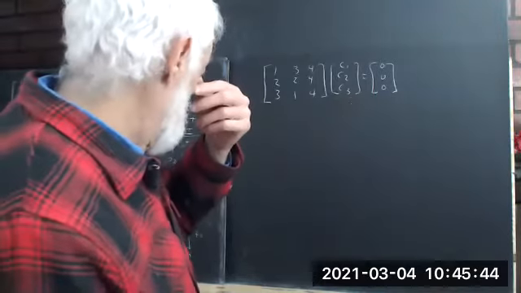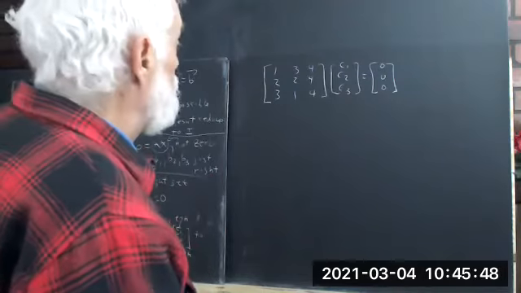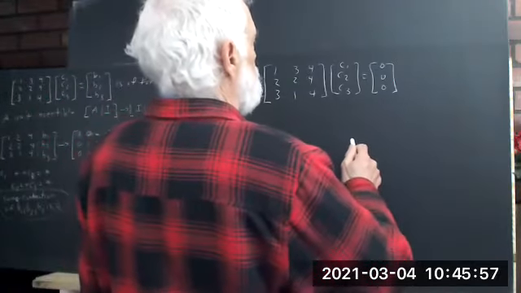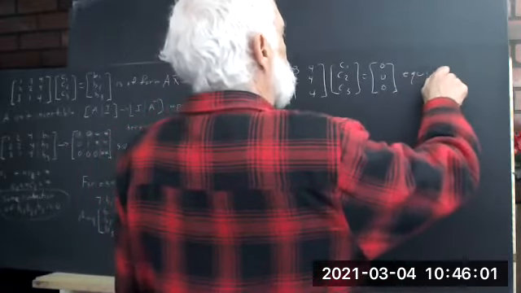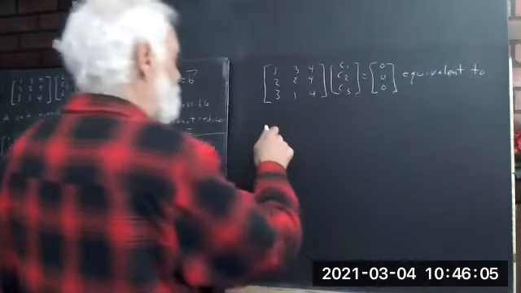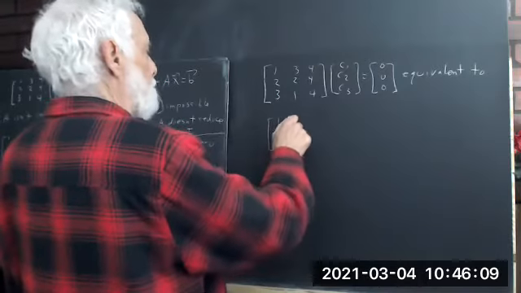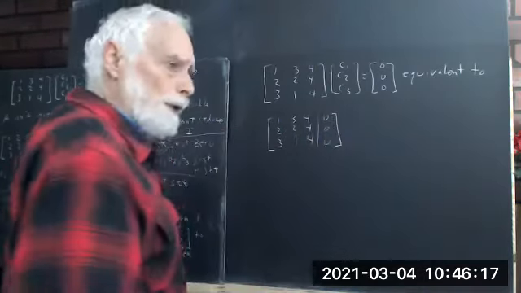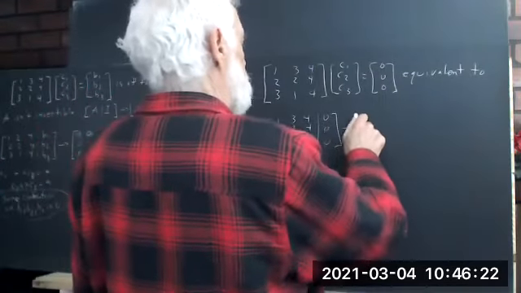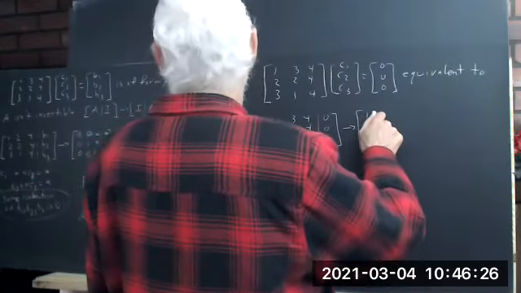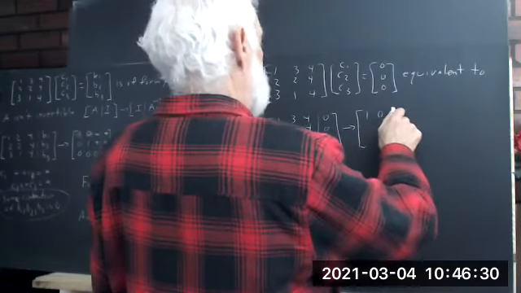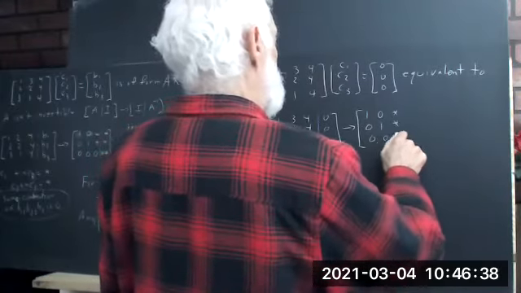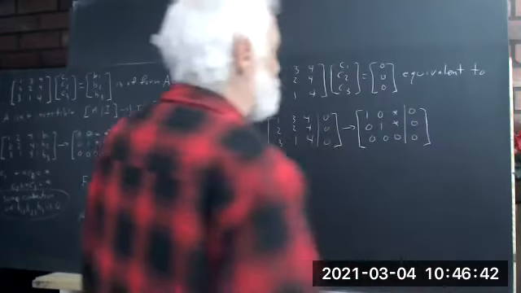This matrix product is equivalent to this, which we know then reduces to this.